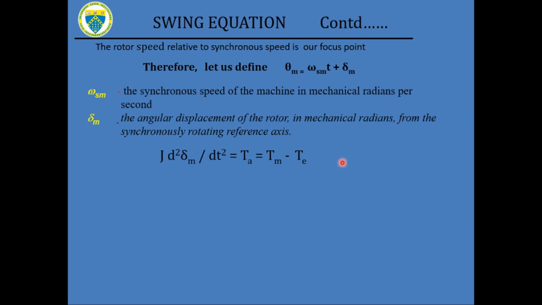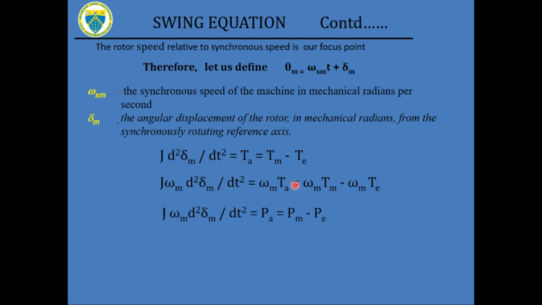Now the same equation is written here. This equation is multiplied on both sides with omega m. The angular velocity times the torque is nothing but the power, so we will take the corresponding powers here.